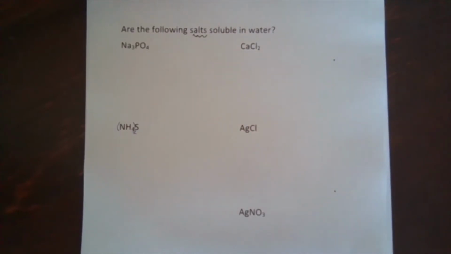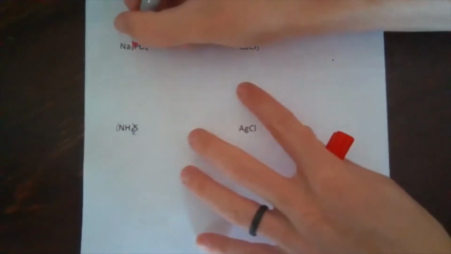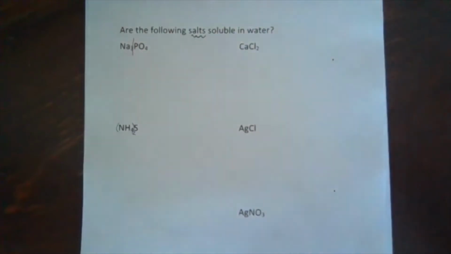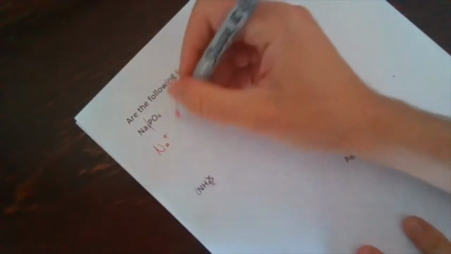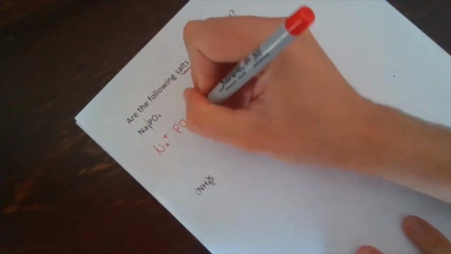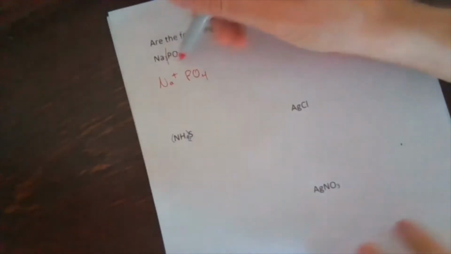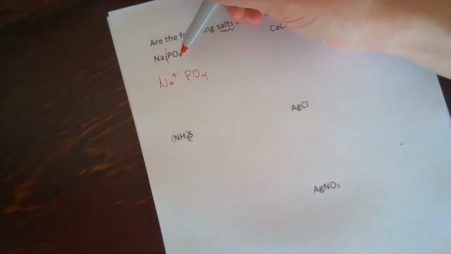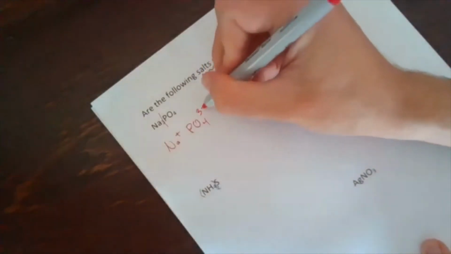So if I have Na3PO4, we know Na is sodium, so that's going to be my cation right there. I know that means that I have Na+, and then I have PO4, and PO4 has to be the anion. Sodium is just a metal atom, so everything else has to be an anion. It's a polyatomic ion. This is called phosphate, and the charge is 3-.